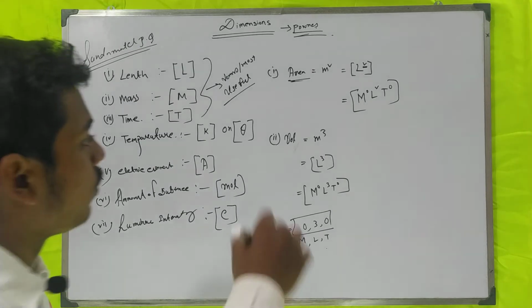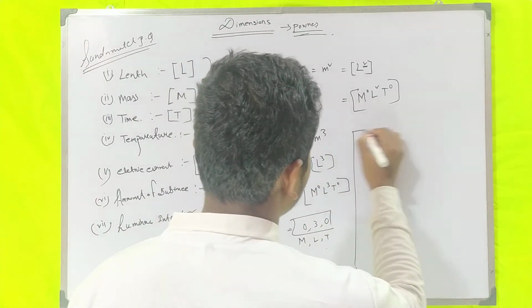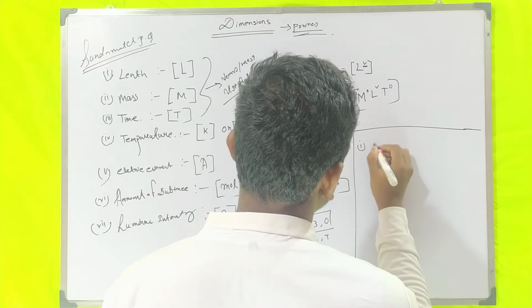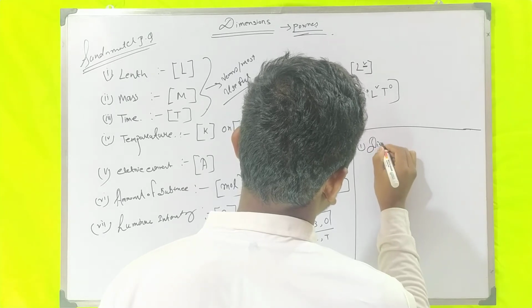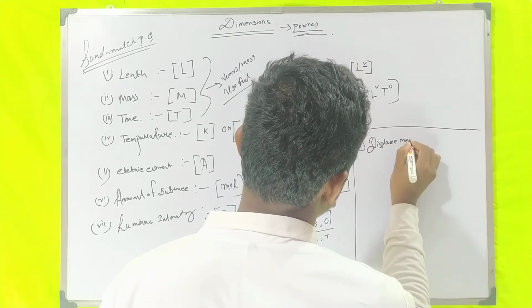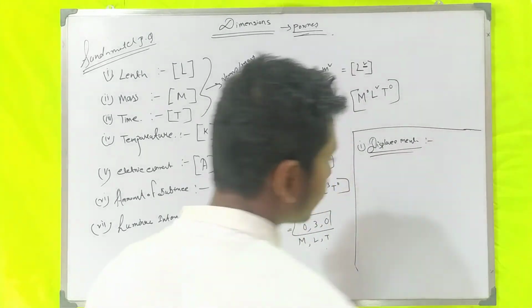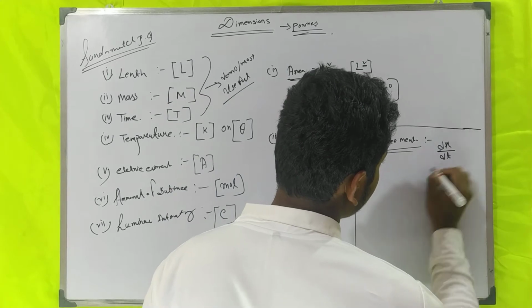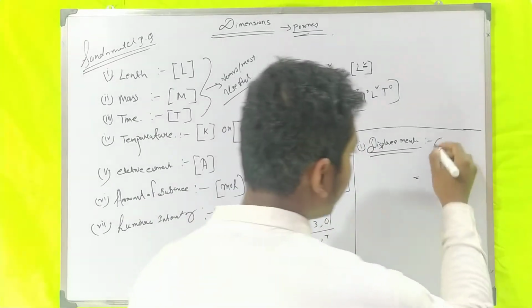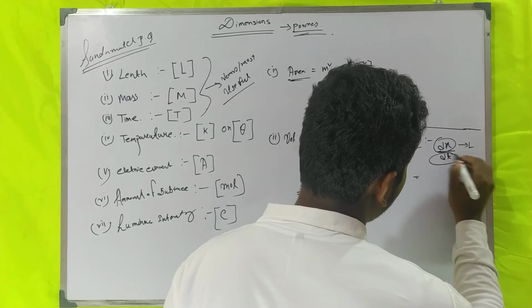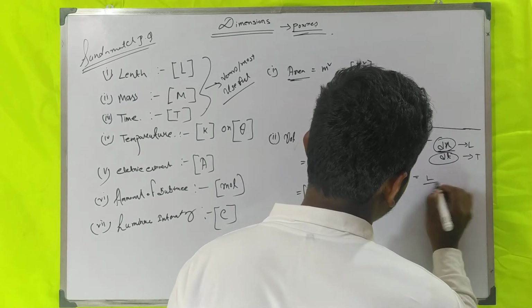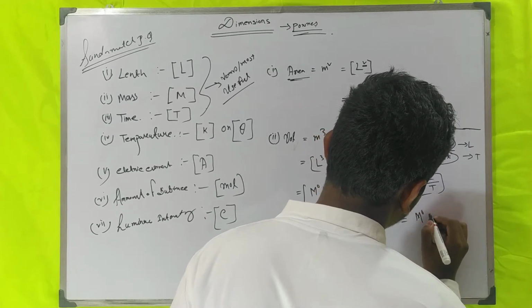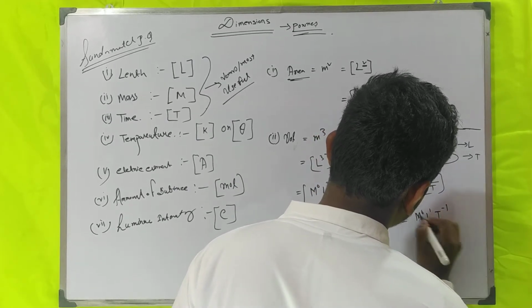Now we find the dimension of a common physical quantity, displacement. Displacement is dx by dt. dx represents length and dt is time, so you can write L by T, which is M0 L1 T to the power minus 1.